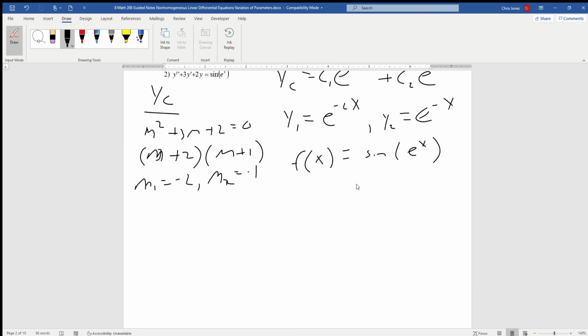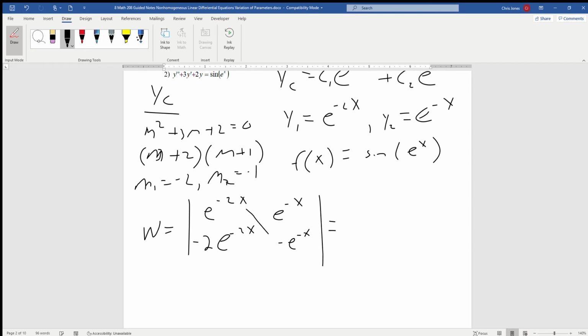Now we're going to find W, W1, and W2. W is the determinant of y1, that's e to the minus 2x, and y2, which is e to the minus x, and then their successive derivatives, -2e to the minus 2x, and -e to the minus x.